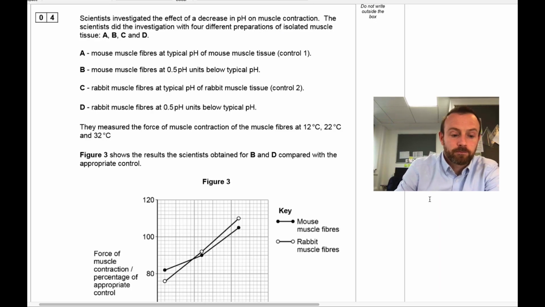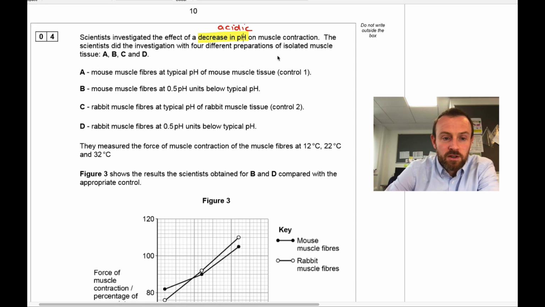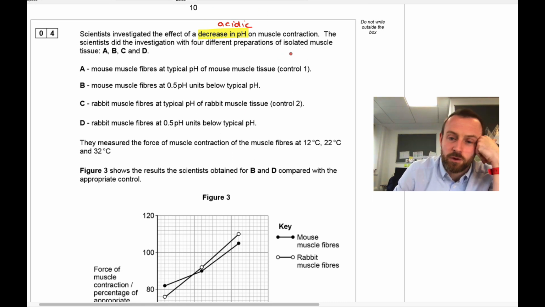Question 4. A scientist investigated the effect of a decrease in pH, so that's more acidic, on muscle contraction. The scientist did the investigation with 4 different preparations of isolated muscle tissue. Okay, what have we got? Mouse muscle fibers at a typical pH of mouse muscle tissue. Okay, control 1.